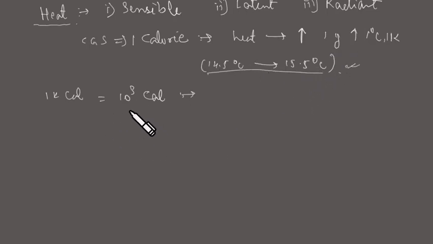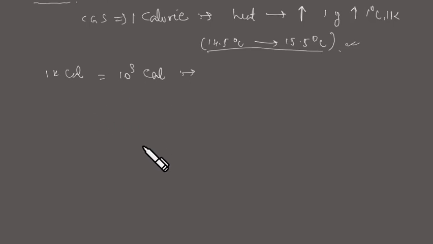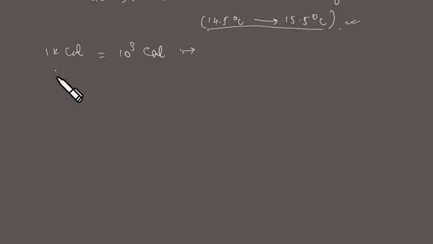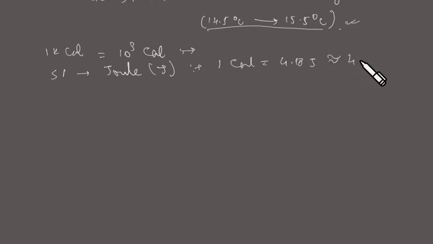The SI unit of heat is the joule, written as J, and it is given as 1 calorie equals 4.18 joule, or approximately 4.2 joule. That means 1 joule is an even smaller amount of heat.